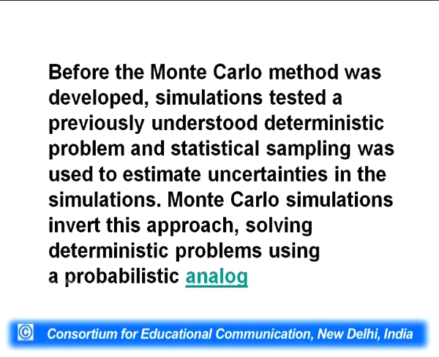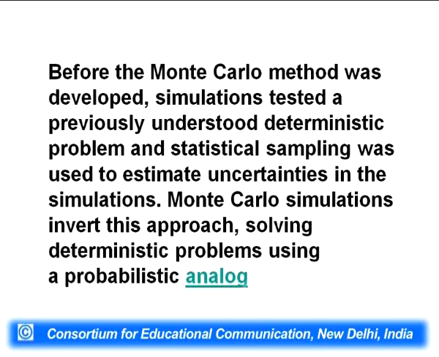Before the Monte Carlo method was developed, simulations tested a previously understood deterministic problem, and statistical sampling was used to estimate uncertainties in the simulations. Monte Carlo simulations invert this approach, solving deterministic problems using a probabilistic analog.